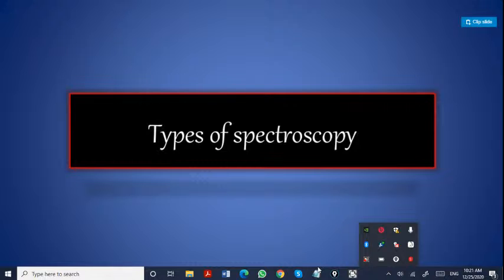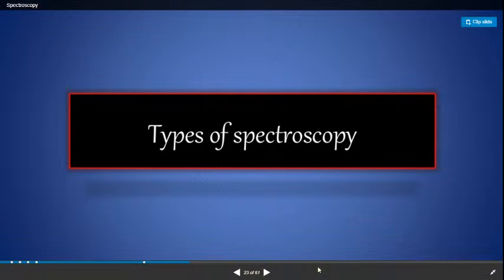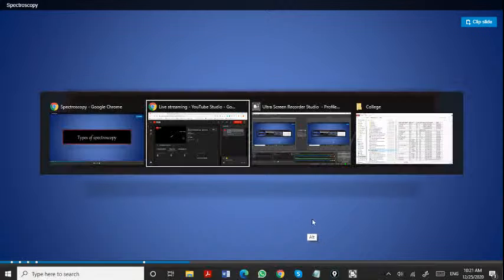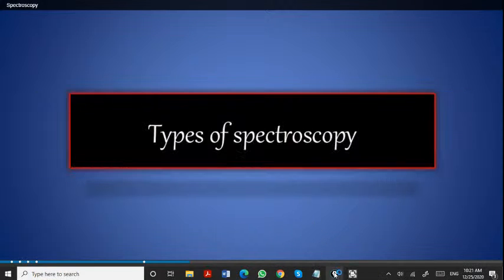The second possibility is light can transmit through. And the third one is light can scatter. So these three processes we discussed in the earlier video. If you are not aware of these three processes in detail, just go through the earlier video.